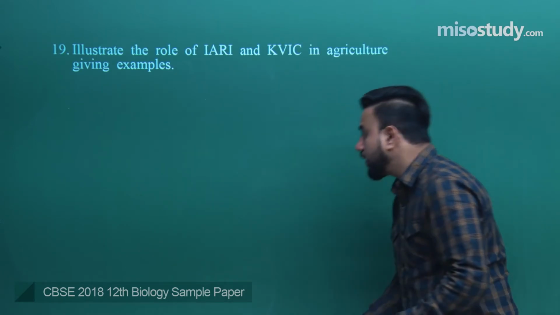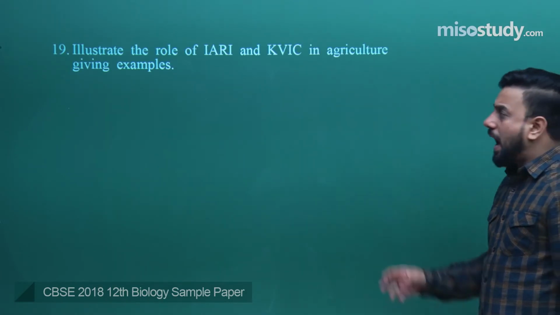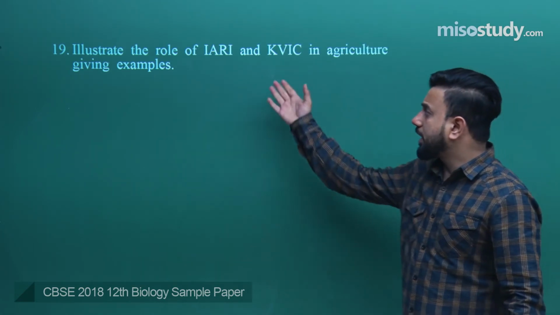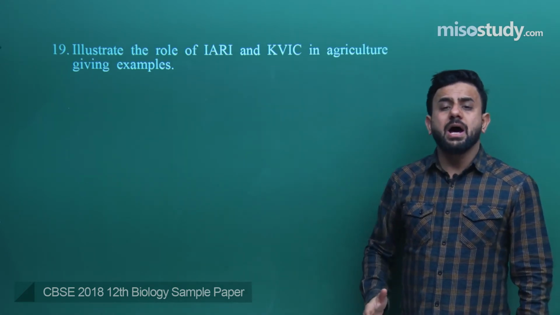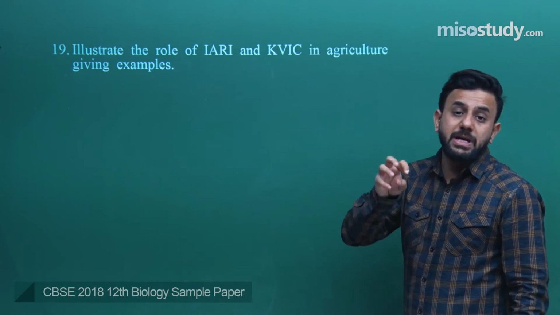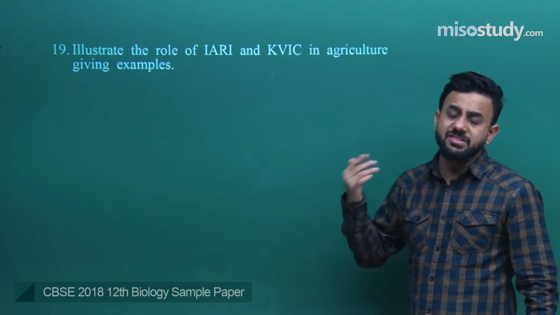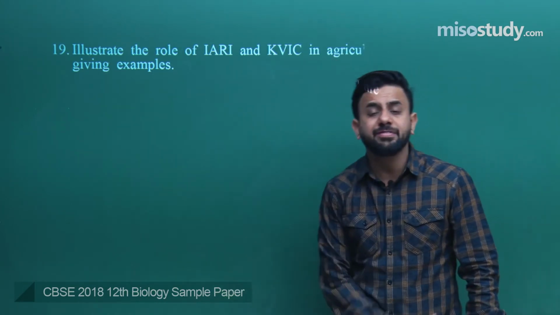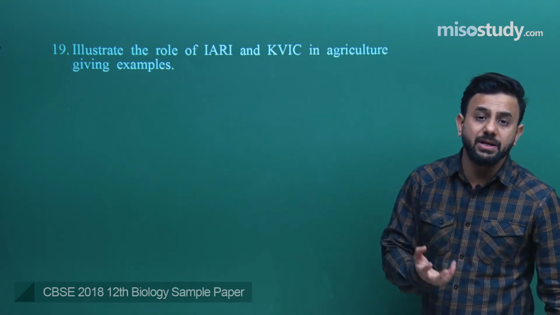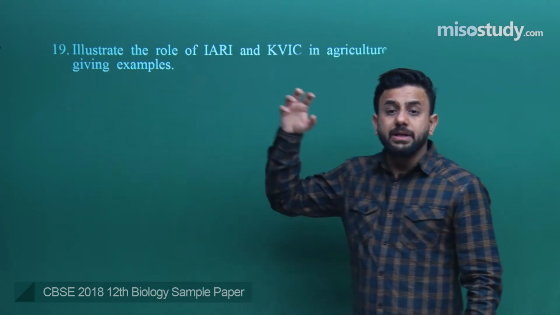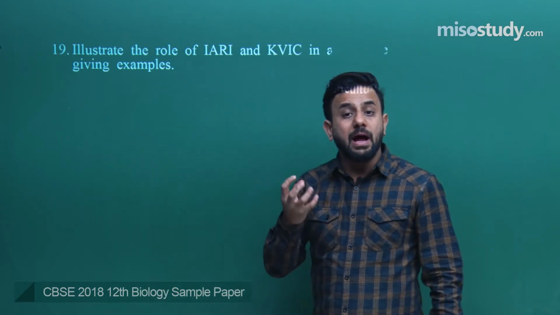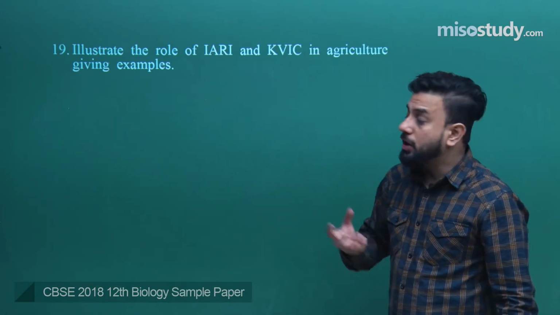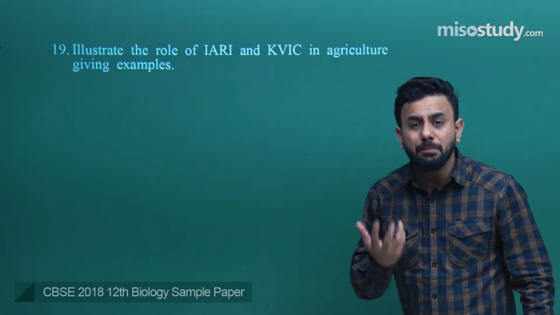Now, what is IARI? IARI stands for Indian Agriculture Research Institute, right? The IARI has been playing a pioneer role, pioneer means starting role, a very important and pioneering role in the development of vitamin A enriched carrots, calcium and iron enriched carrot and spinach, and also the protein enriched peas and beans.